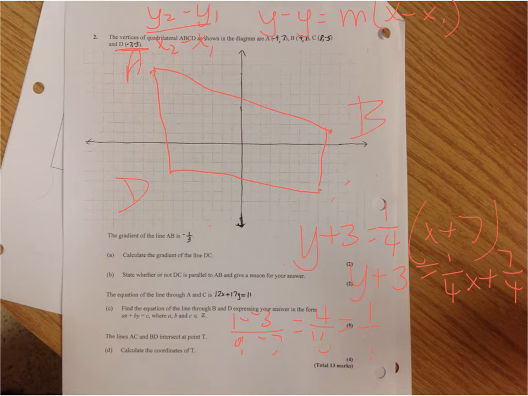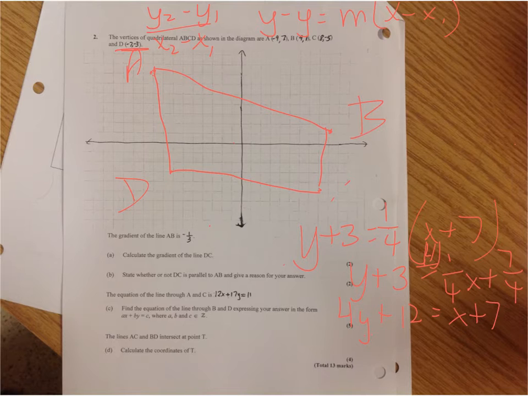Now that we know that the slope is 1/4, I'm going to erase this part. So now I'm going to multiply everything by 4 to get rid of my denominators. So everything gets multiplied by 4. So I get 4y plus 12 equals x plus 7.